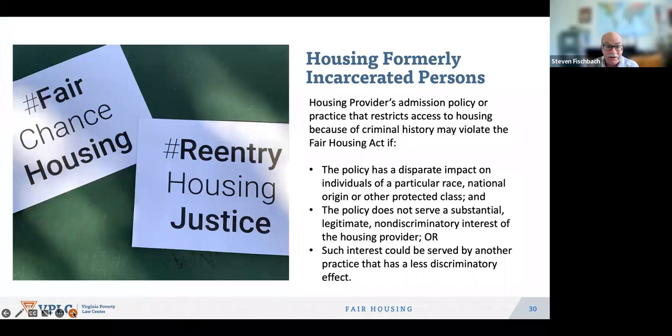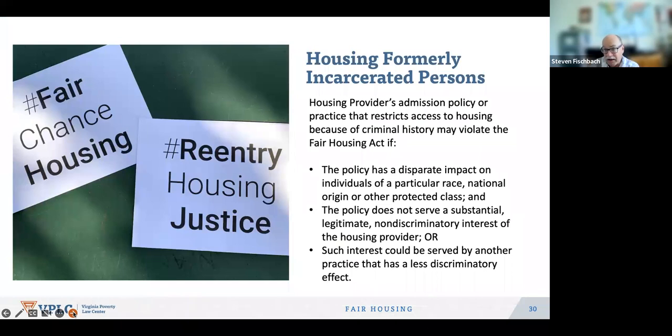Another common issue that service providers may have is with trying to house formerly incarcerated persons. So it's important to look at the housing providers' admission policies and practices.